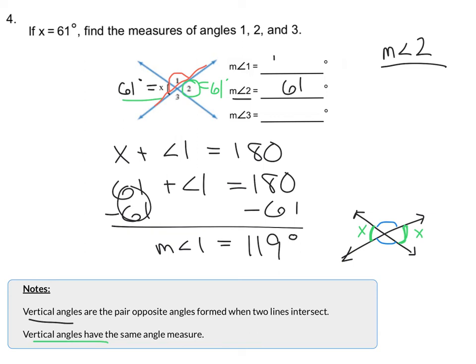So angle 1 is 119 degrees. And again, since angle 1 is 119 degrees, angle 3 is also 119 degrees because they are vertical angles. And these are my answers to the problem.